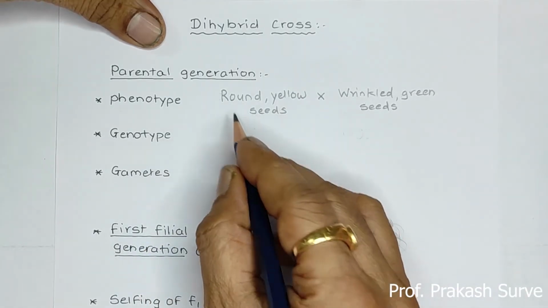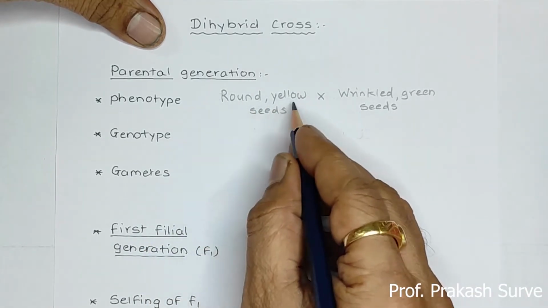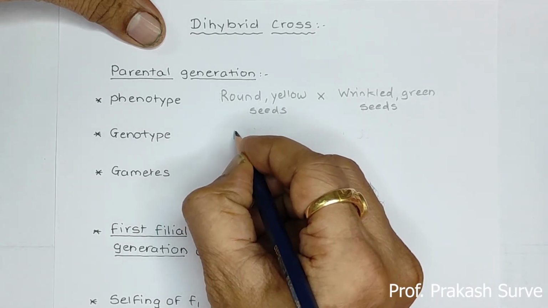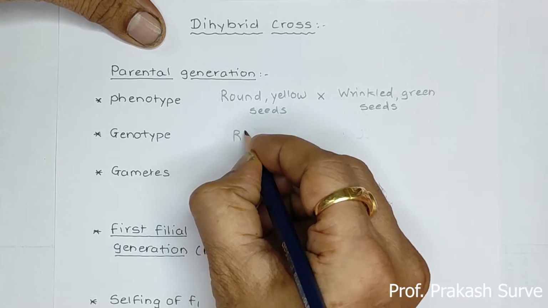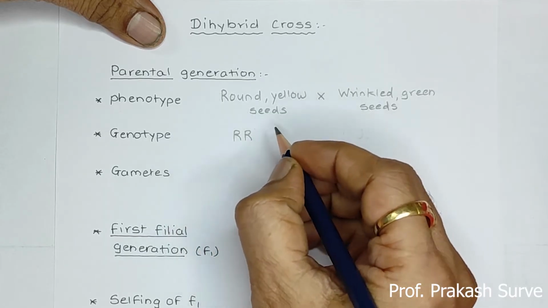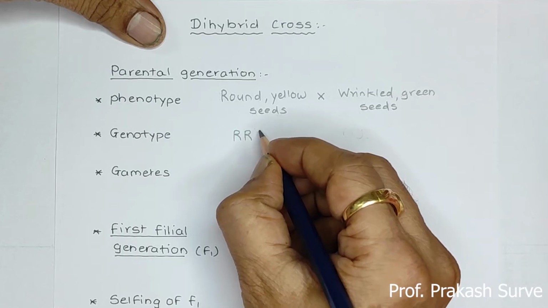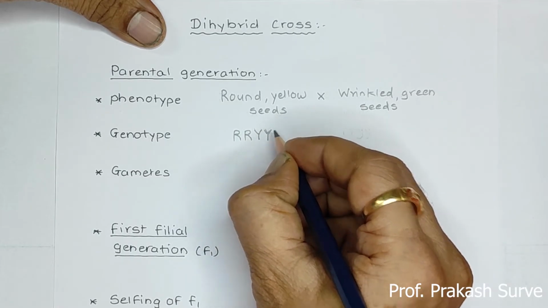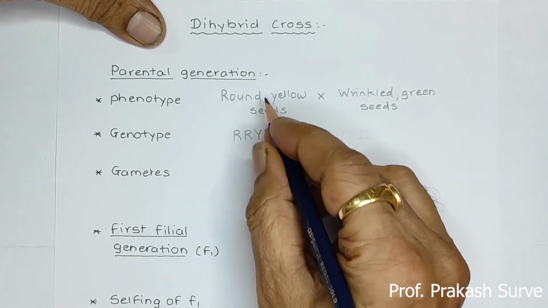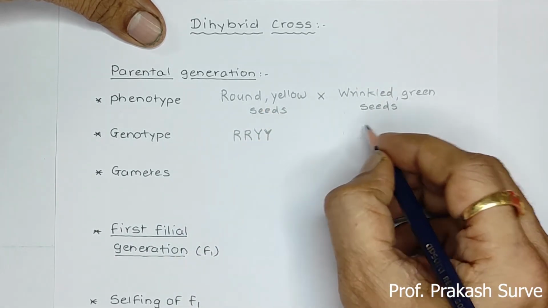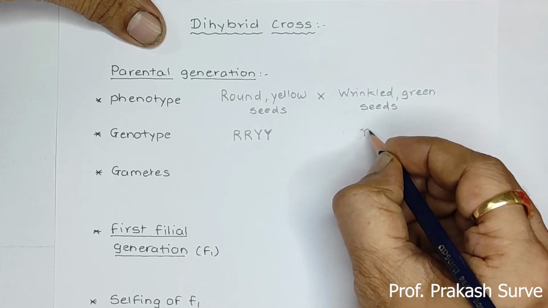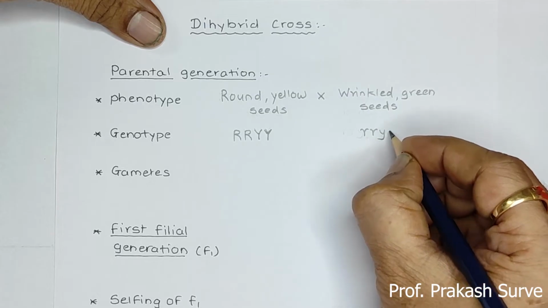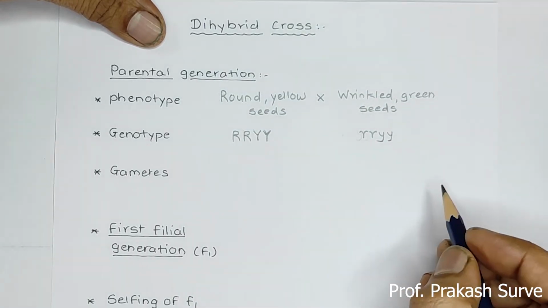Now the genotype. Round and yellow are both dominant, so we mention both as capital letters. Capital R, 2 capital R because it is diploid, and then for yellowness, capital Y, capital Y. So this is the genotype of this one. Now the genotype of this other one will be in small letters: small r for the wrinkledness, and small y, small y for the greenness.